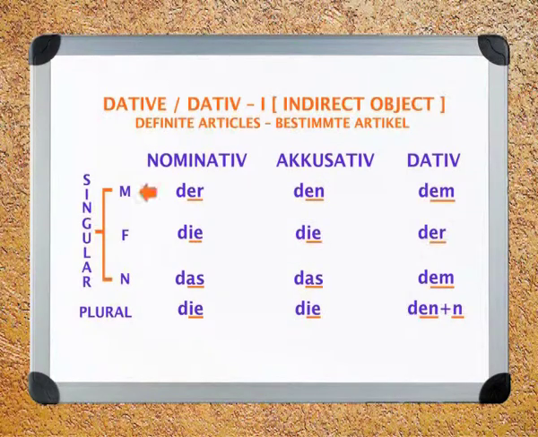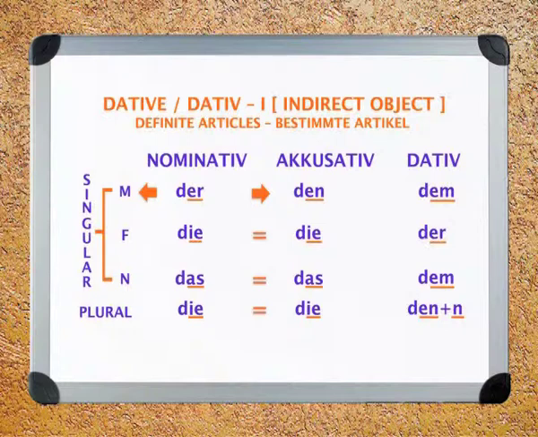You know that the masculine article der in singular changes its form in accusative to den, whereas the rest of the articles do not change their form from nominative to accusative. Now, let us look at how the articles change in the dative case.